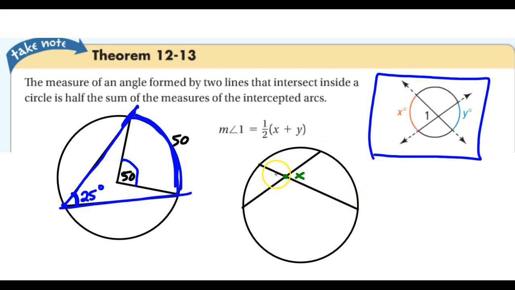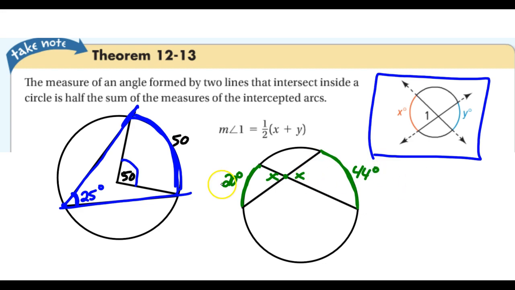But I do know one thing: vertical to this x right here, this angle must also be x, because vertical angles are still congruent. So these two angles are equal, but the two arcs they cut off are not. Suppose that this arc right here is 20 degrees, and this one right here is 44 degrees.